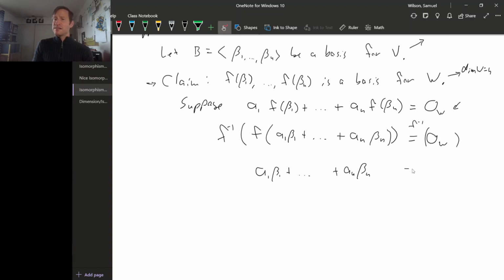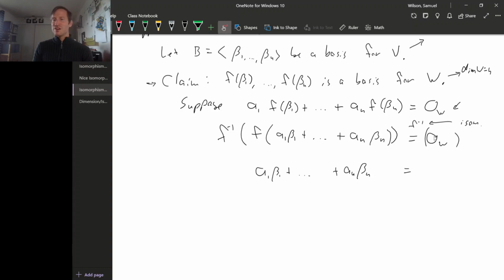And on the right-hand side, what is f inverse of the zero vector in W? Well, remember, f is an isomorphism. f inverse is an isomorphism. We proved that an inverse of an isomorphism is an isomorphism. And we also know that isomorphisms send the zero vector in one space to the zero vector in another space.